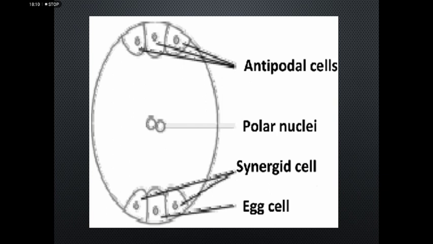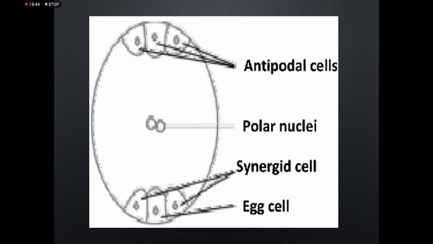So a typical embryo sac has 8 nuclei while it has only 7 cells, because there are 3 antipodals, plus 2 polar nuclei, plus 2 synergids, plus the egg, so 8 nuclei are present, while the polar nuclei or central cell join together and act as a single cell.